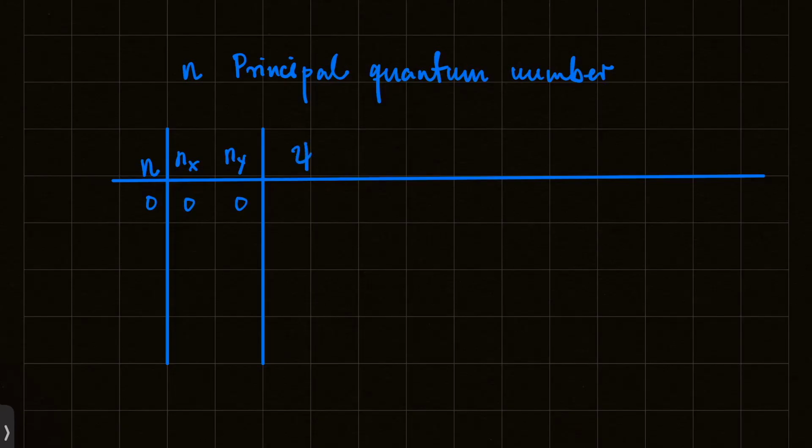Then my wave function psi of n is going to be just simply given by h0 of x, h0 of y, e to the power minus, let me just make a bit of room here, (x squared plus y squared) divided by 2.